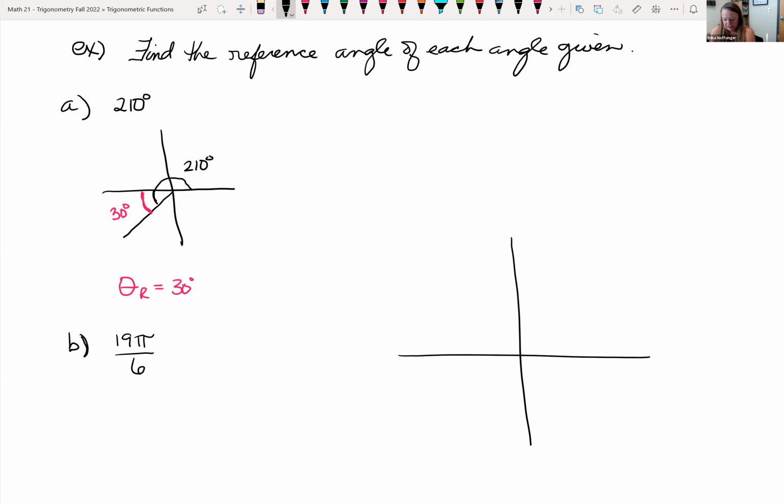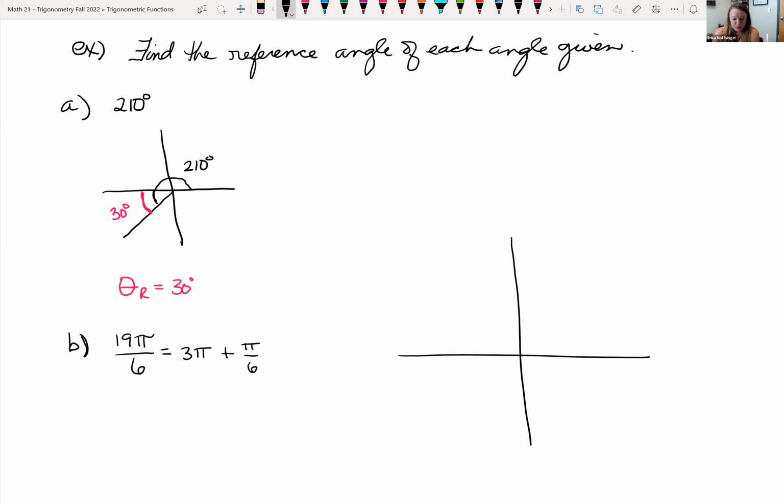First thing I would do is see how many times 6 goes into 19. And so I know that 6 times 3 is 18. And so I can think of this as 3 pi plus, that would give me 18 pi over 6, and I would have one more pi over 6 left.